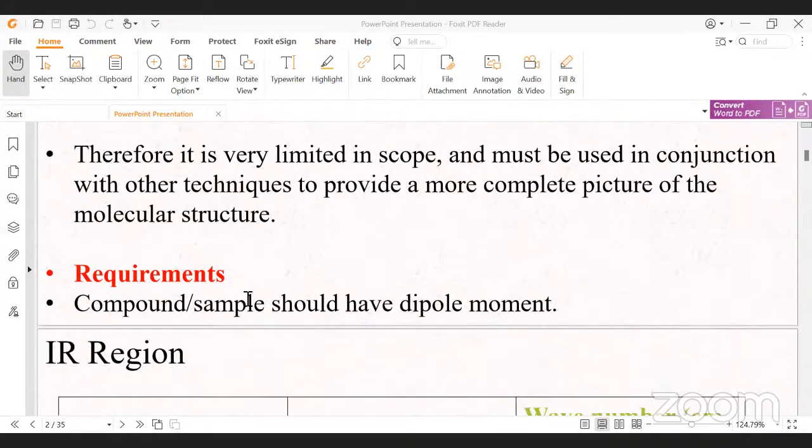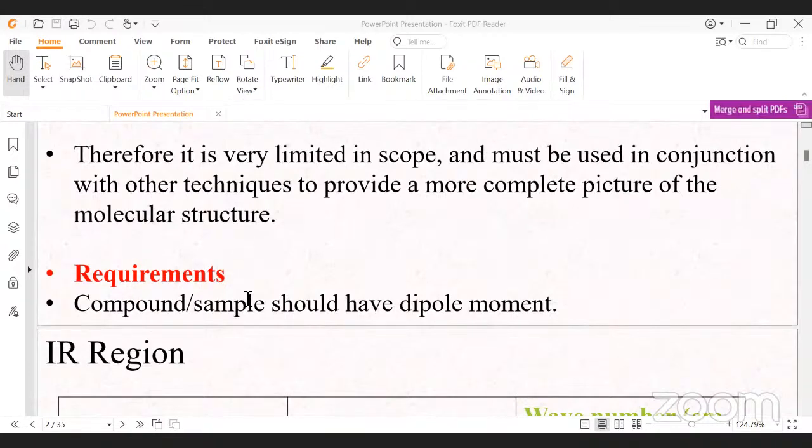What is the requirement? Whether the sample is IR active or not, we can determine by the structure of the molecule. If the molecule has a permanent dipole moment or induced dipole moment, the sample is IR active.